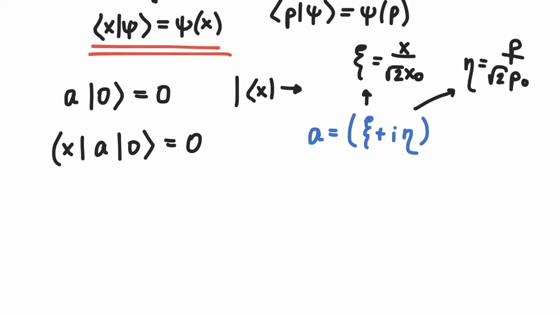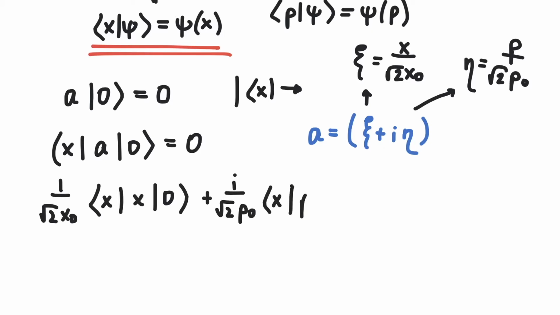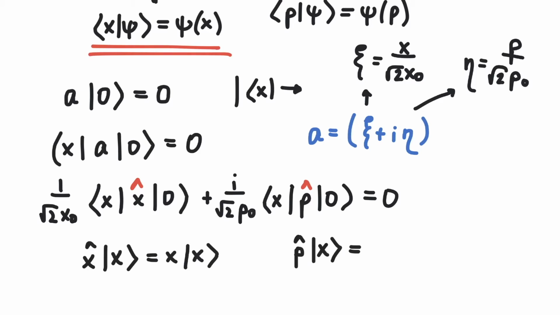Altogether, we can write this equation like this. We don't write the hats anymore, but be aware that these two are operators. They act in the following way on the state |x⟩. Just to be sure, this is an operator, and this is just a variable x.